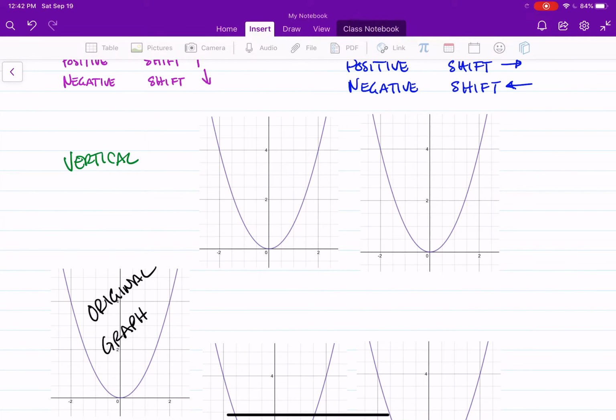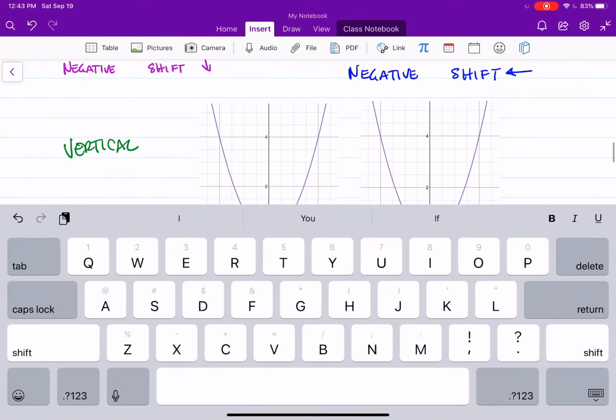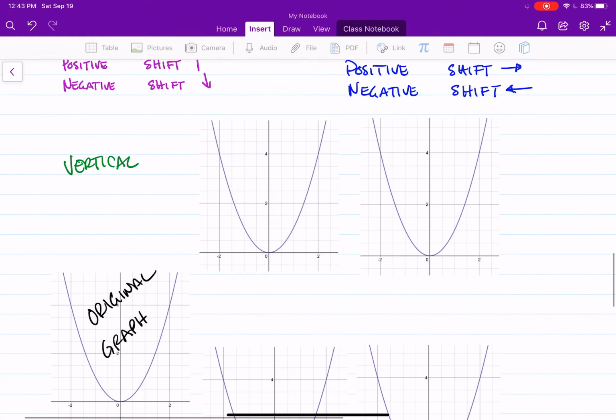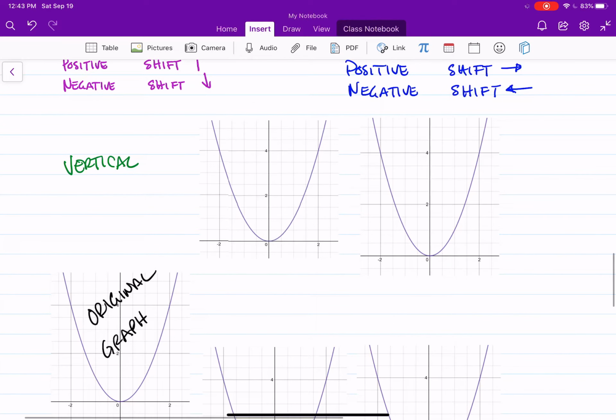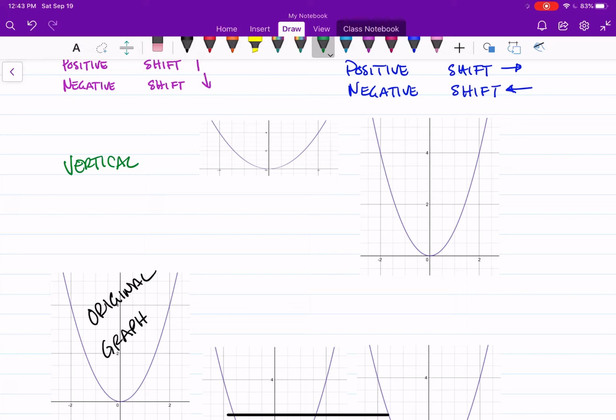So this right here, vertical means up and down, right? So if I was to shrink vertically, that means I'll get shorter, right? So if I get shorter, it'll look something like this, right? Like I'm shorter. So this would be a vertical shrink.